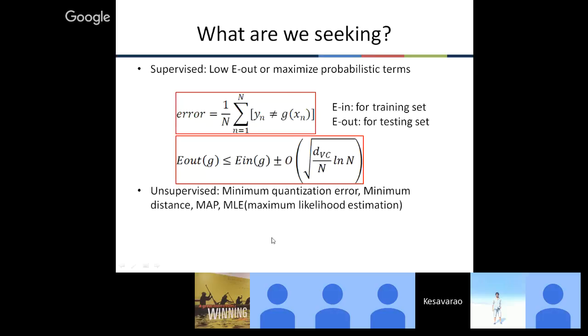Let's say everything is going wrong in my prediction. In the 30% testing data, my error factor is 50% or 60%. That means it's not predicting as expected. And let's say when I do my training, my error factor is only like 10%.